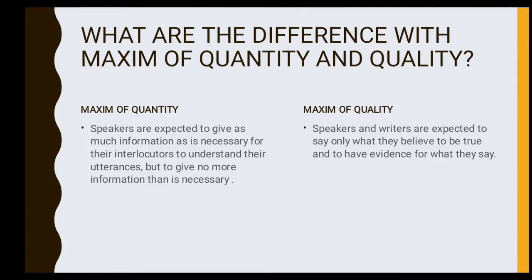Take note that the maxim of quantity is where one tries to be as informative as one possibly can and give as much information as is needed and no more, while the maxim of quality is where one tries to be truthful and does not give information that is false or that is not supported by the evidence.